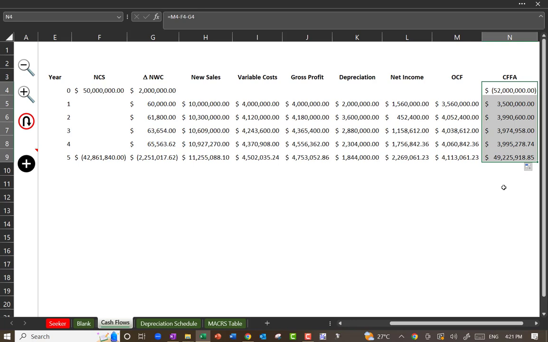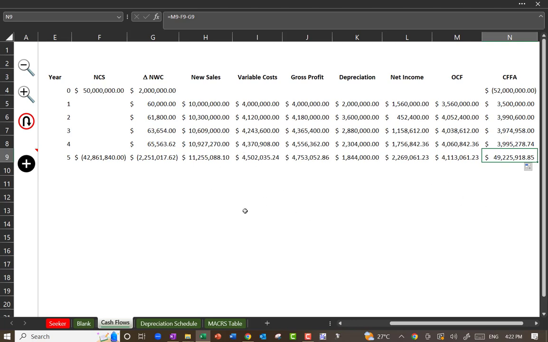So I have negative 52 million cost at the beginning. I'm gonna make these annual cash flows and get back 49 at the end.